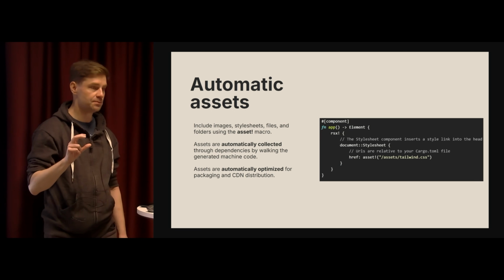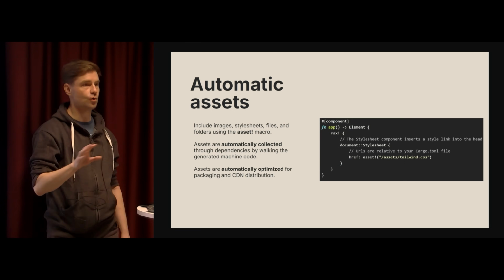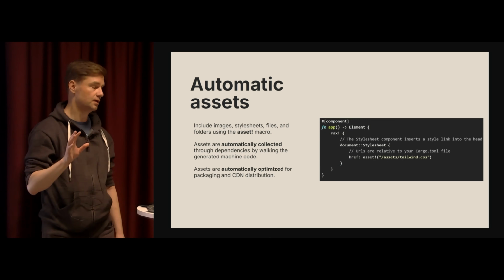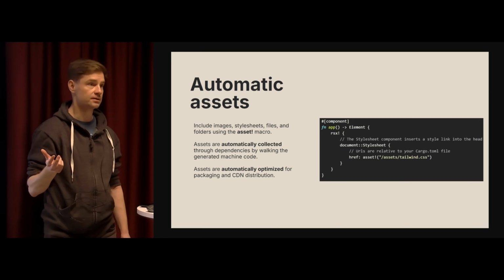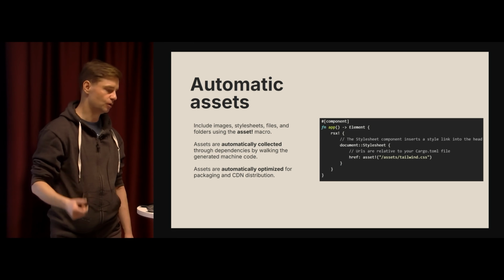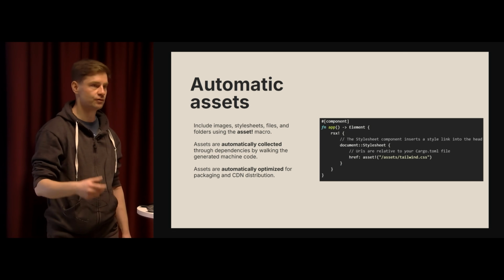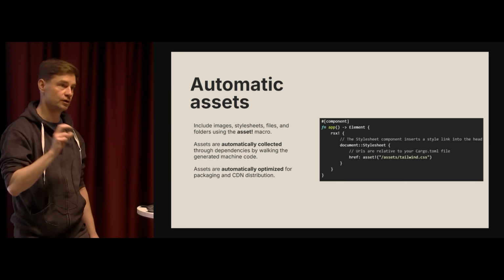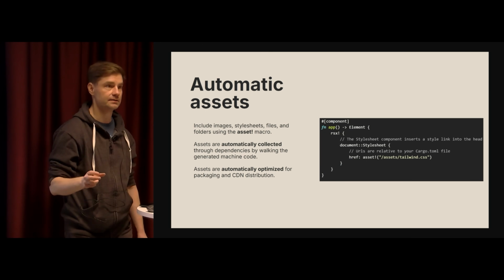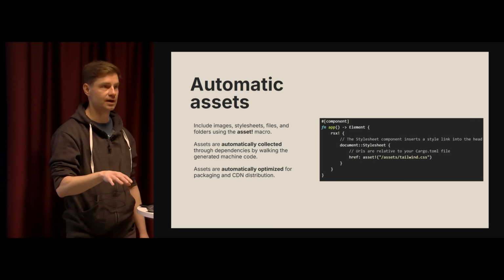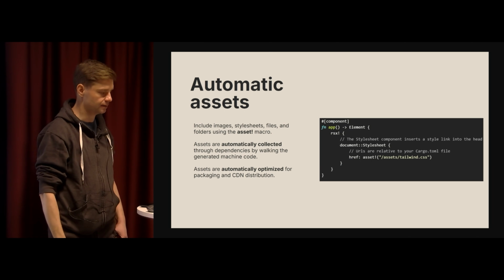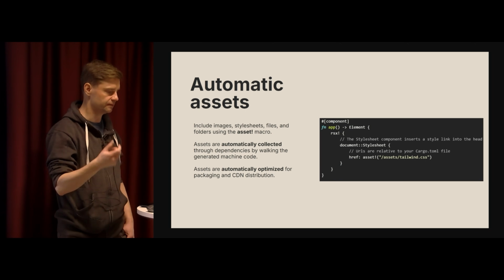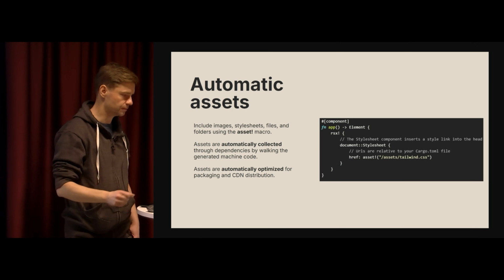And again, this same mechanism works exactly the same for all these platforms. So if you are doing desktop, mobile, or web, it's always the same mechanism, and you don't need to worry about all this asset management. And you don't ever get any extra assets, because if you are not using it, it doesn't get linked in. So even if you have all those files in there, they are not brought into your final application if you are not actually referencing them in your code.